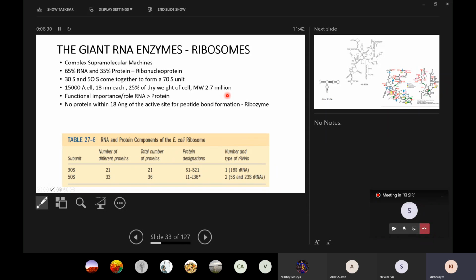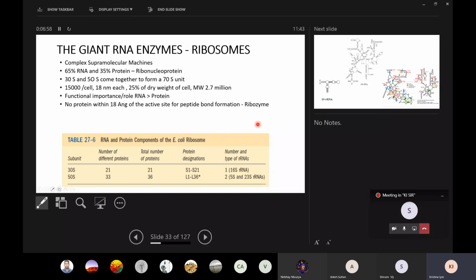The reason we say the main functional part is the RNA is that, where the peptide bond is formed, you do not find any protein within 18 angstroms of that site, which means peptide bond formation is actually catalyzed by RNA. Therefore these are referred to as ribozymes.